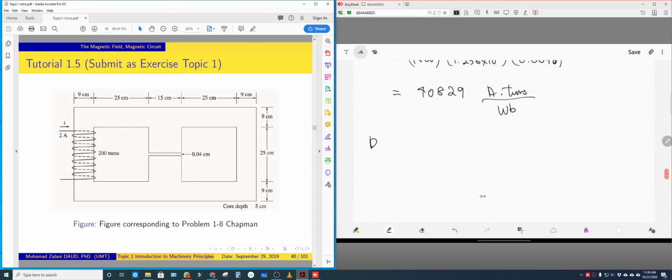Okay. Then finally we find the R3 reluctance of the third leg.